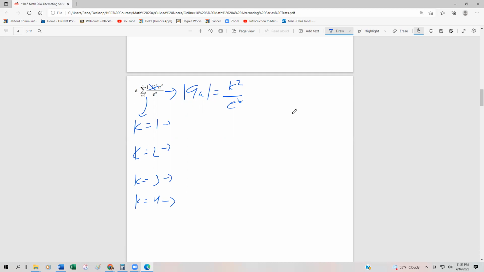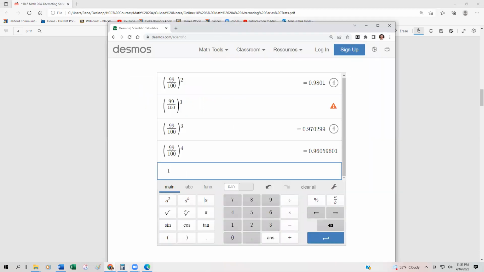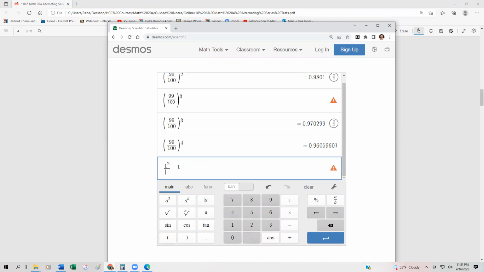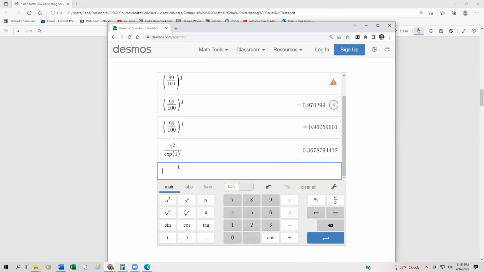Usually if we can see that it's decreasing for the first 4, then it's most likely going to be that at least condition 1 is upheld. So we're going to say 1 squared divided by e to the first power. It's going to be 0.3679.